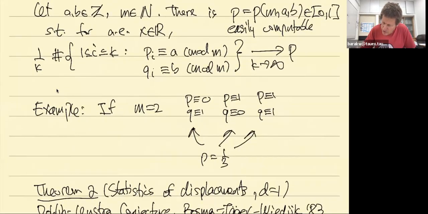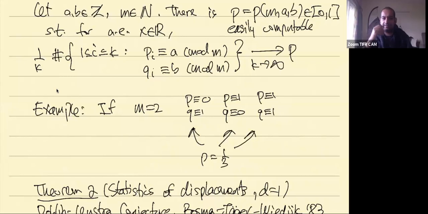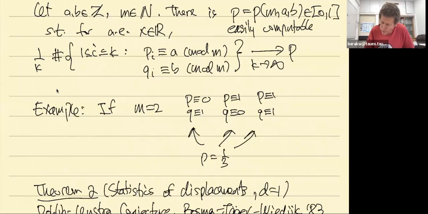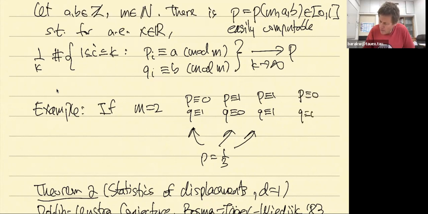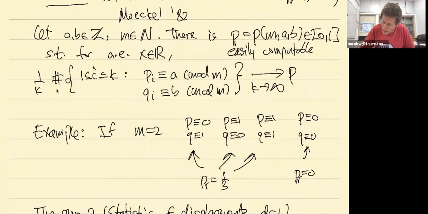Here it's just uniform, I guess. Here it's uniform on 3 out of the 4 possible pairs of residue classes. And the last one has probability 0.